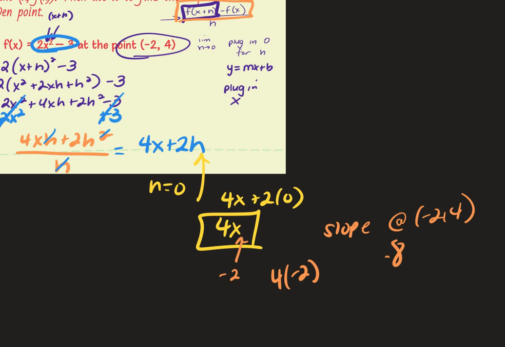So you only do that whole process when it tells you exactly which point? No, you would do it either way. Sometimes it could just say find the equation for the slope, and that would be that whole first process. Instead of doing the derivative part? Yeah, that's just another way to find the derivative.